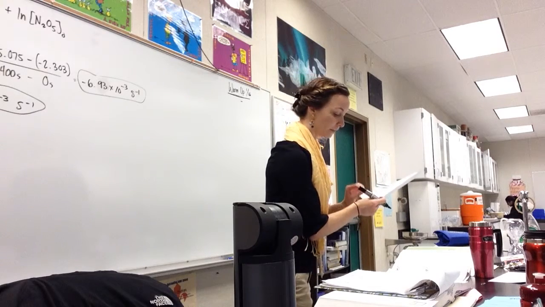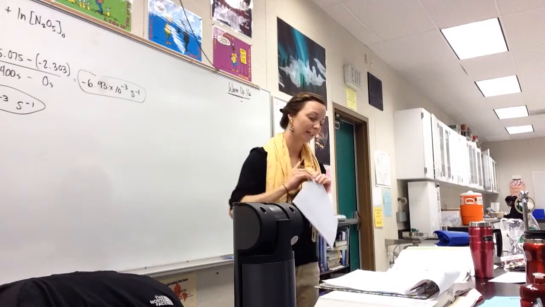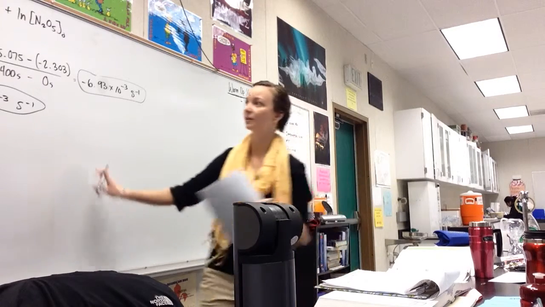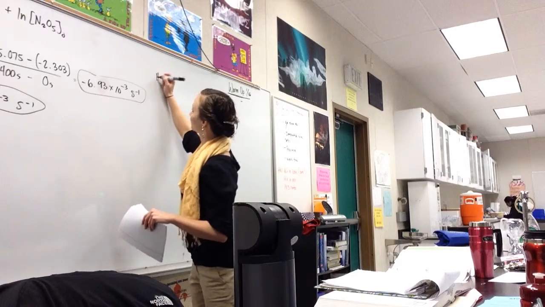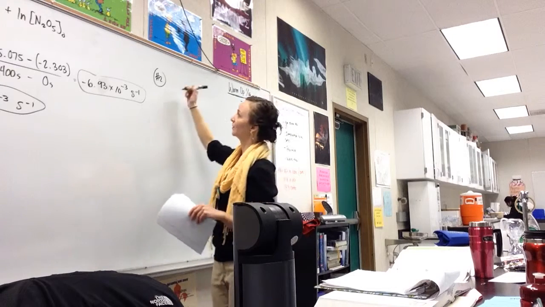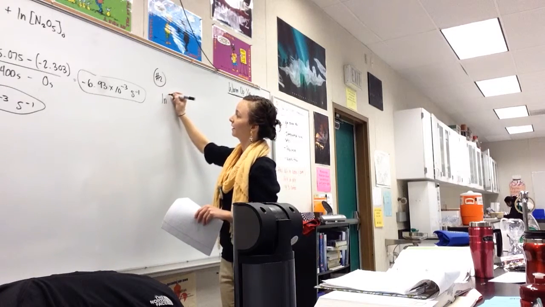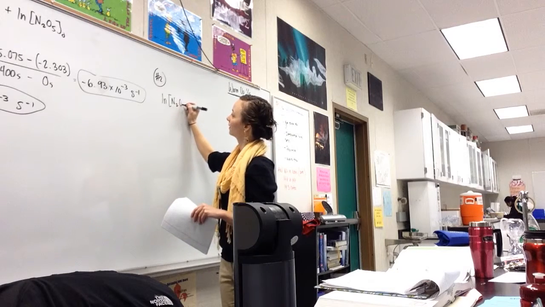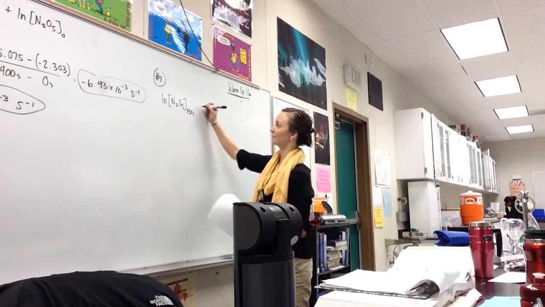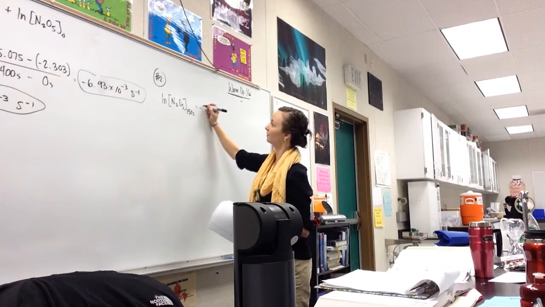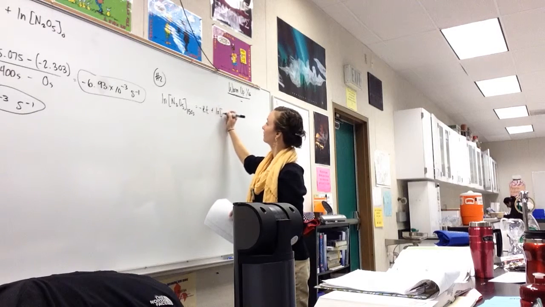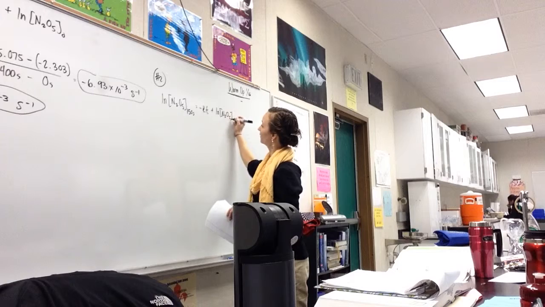Okay, and then on for number 2. So now that we have our K, we can calculate what the concentration is after 150 seconds have happened. So we have to use the integrated rate law to do this. The question is asking, at 150 seconds, what is the concentration? So this is how I'm going to set it up. ln of N2O5 at 150 seconds equals negative K t plus ln of N2O5 initial.